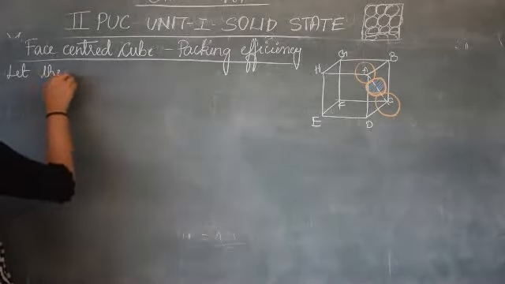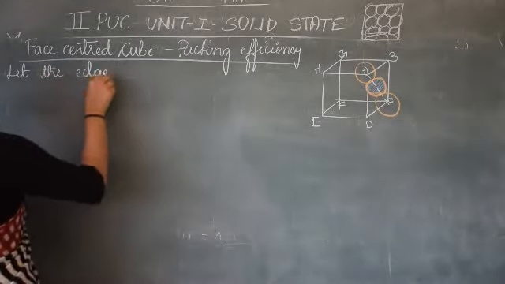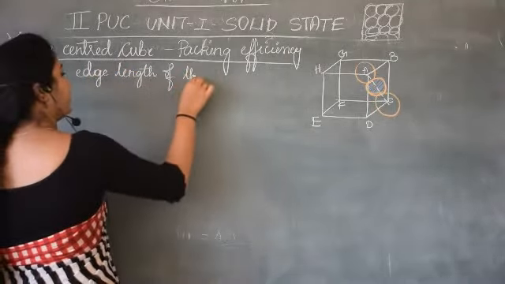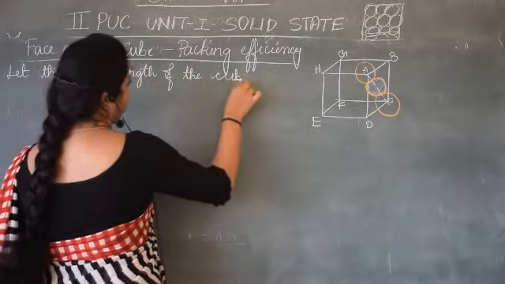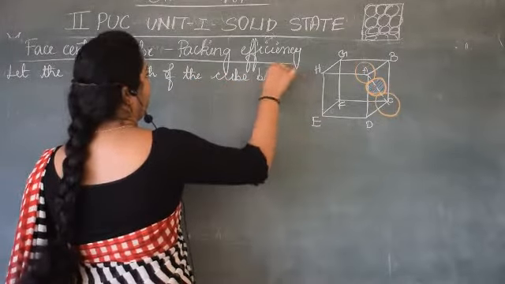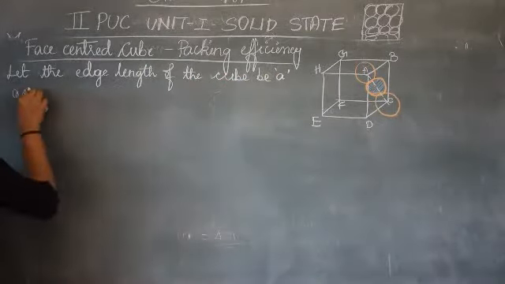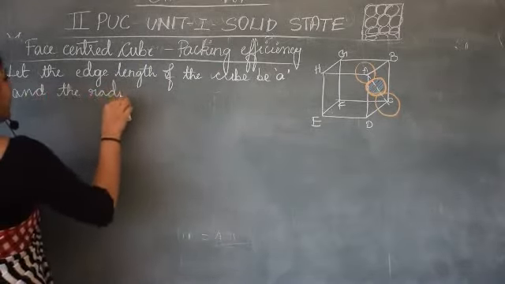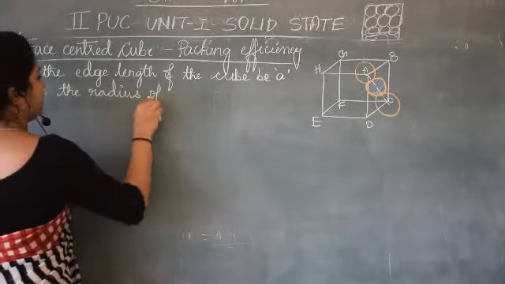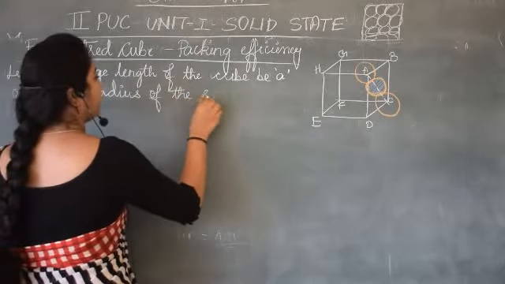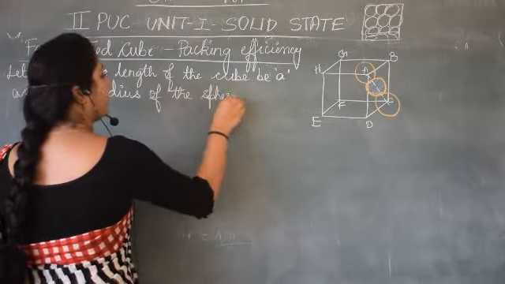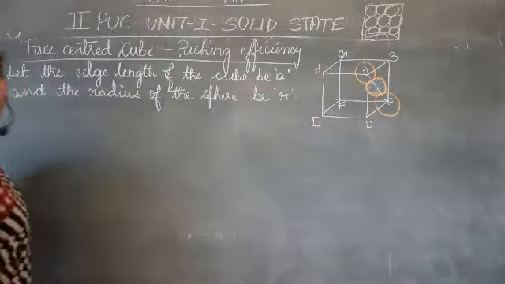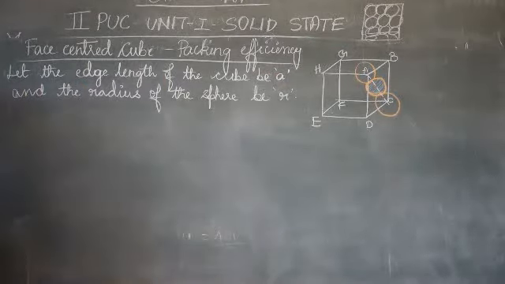Let the edge length of the cube be A and the radius of the sphere be R.